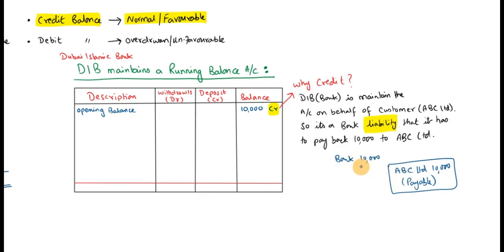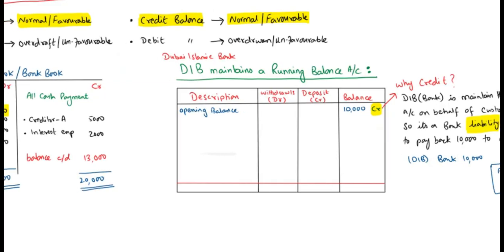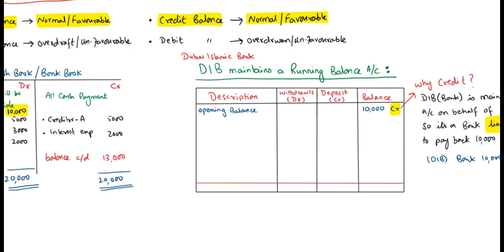So this is the entry of DIB. DIB received 10,000, so DIB's bank will increase by 10,000 and it will be a credit. Okay. So it's a little concept that will give you a better understanding.